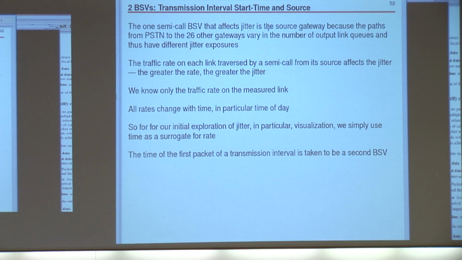Well, one is the source gateway. We know that's a factor. The source gateway for an interval will affect the jitter in that interval, because if it's a source gateway that's further away, we expect to see more jitter than if it's something very close.